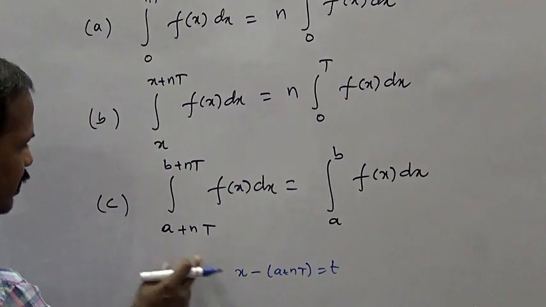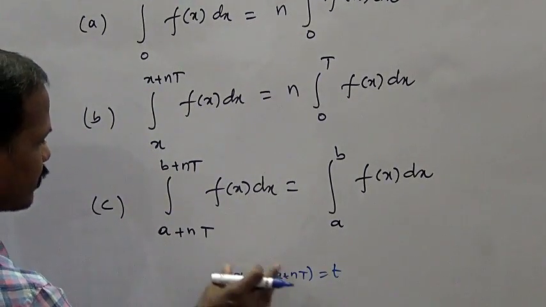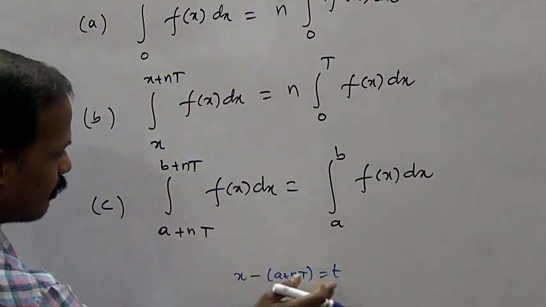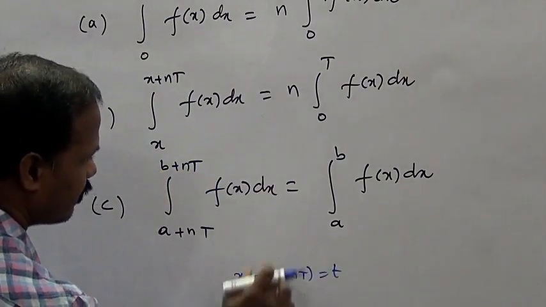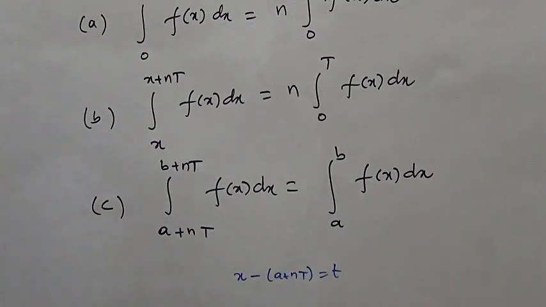So if you substitute x equal to a plus nt, this becomes 0. Similarly here also, by substituting some value in place of x, you will get these results.